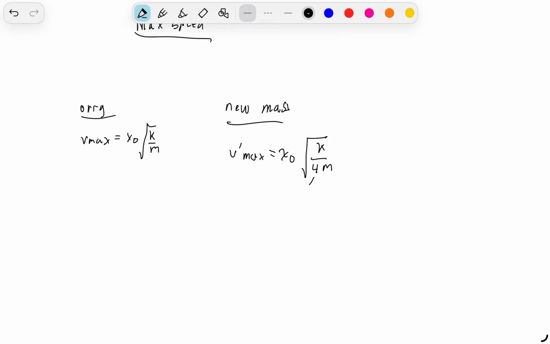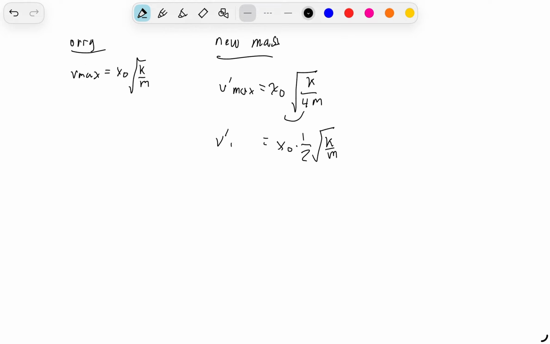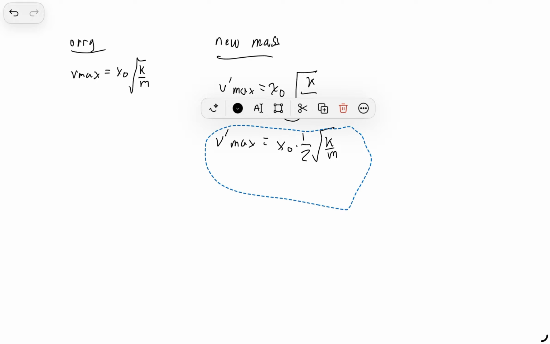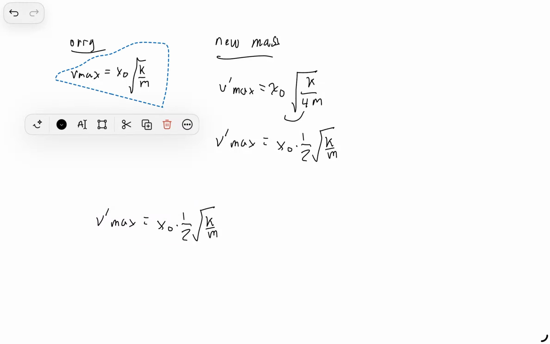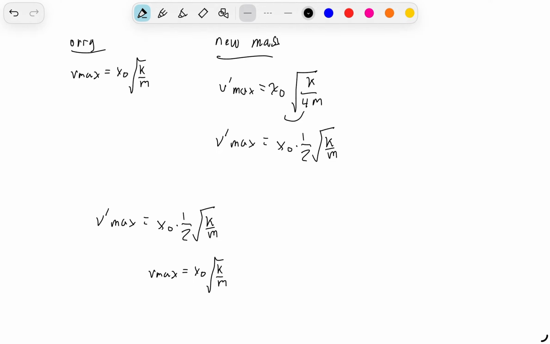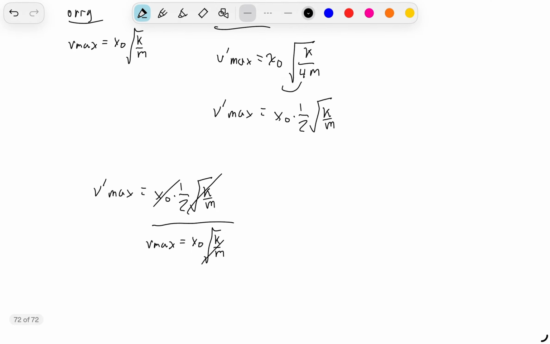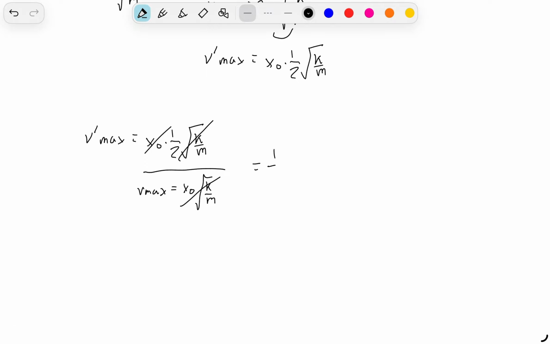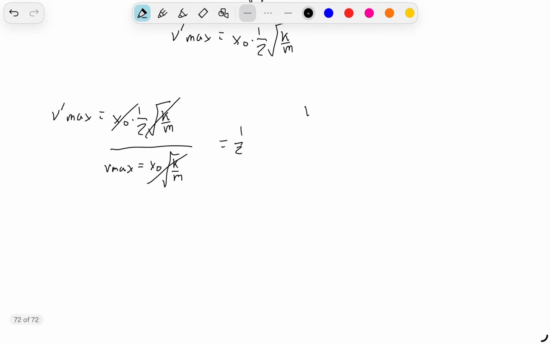You can take that 4 out, and you get x naught times 1/2 times the root of k over m. If you take the ratio of these two, the only difference is 1/2. So the ratio is 1/2. Therefore, v max prime is equal to 1/2 of v maximum.